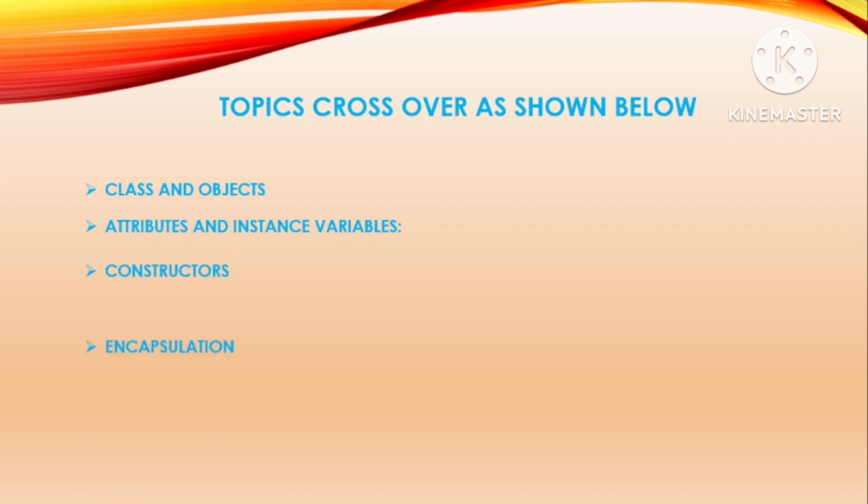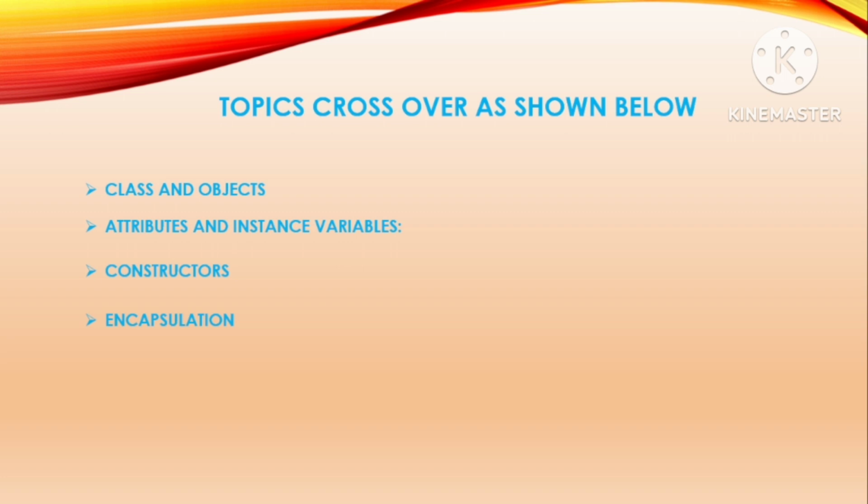What is encapsulation? Encapsulation is the way to encapsulate data and methods within a class, hiding implementation details. It helps to protect the integrity of data by providing access through getter and setter methods.